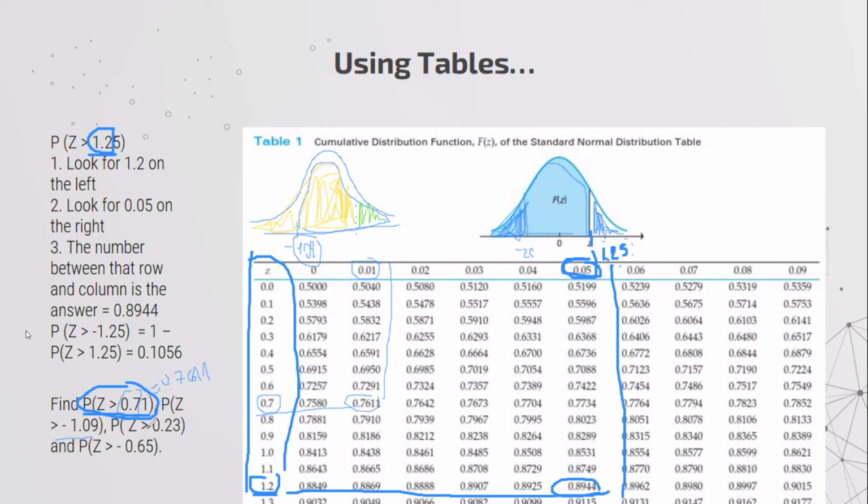So in the table, we're searching for 1.09, which is 10, which is here. And then 09, which is here. And the right number should be this one, if I'm not wrong. 0.8621.